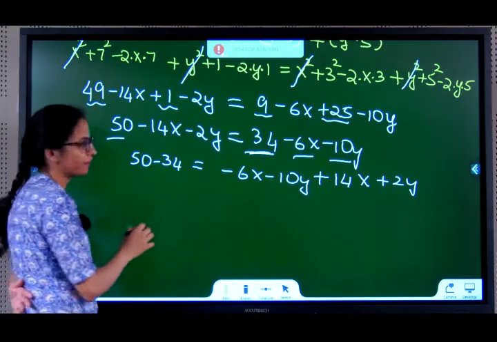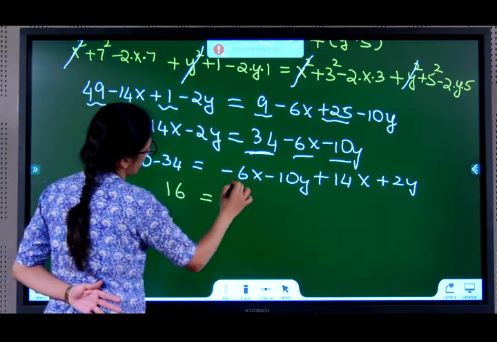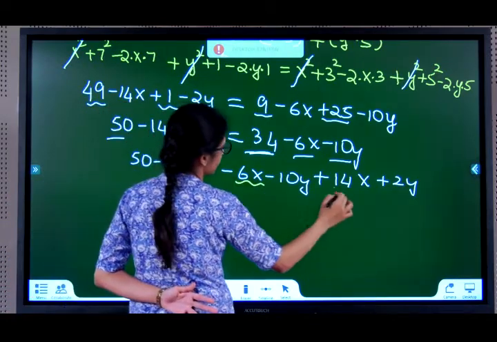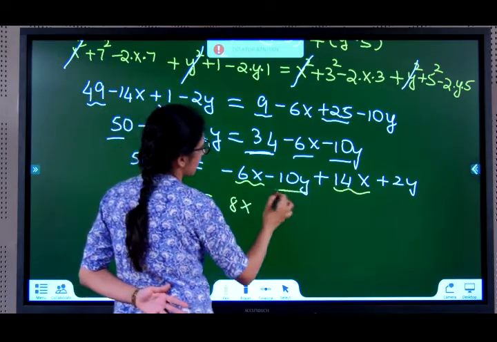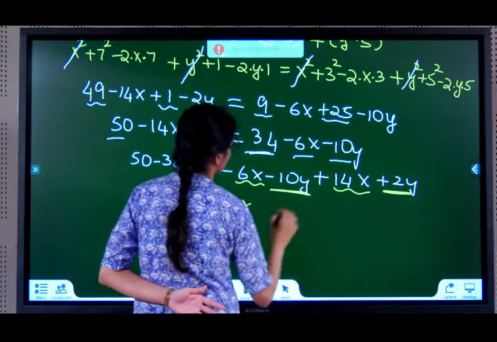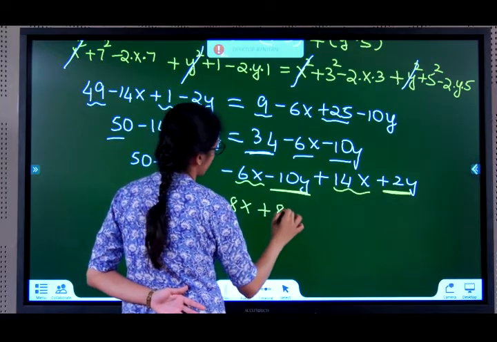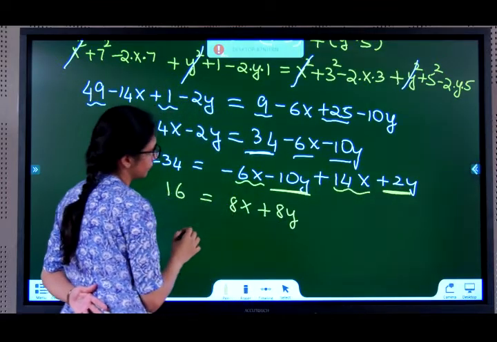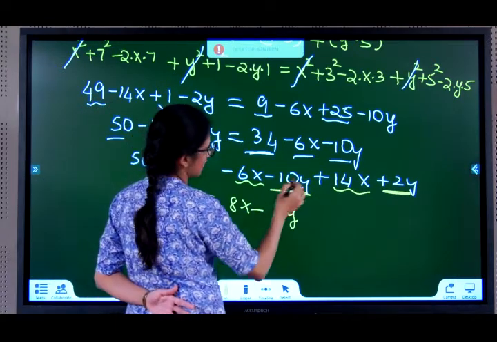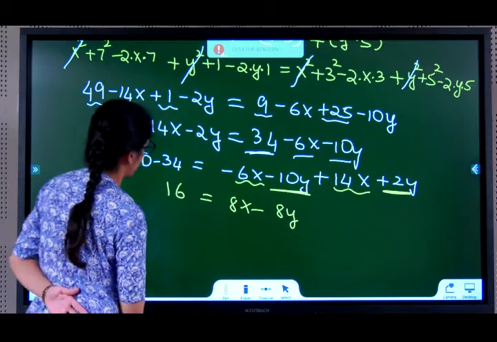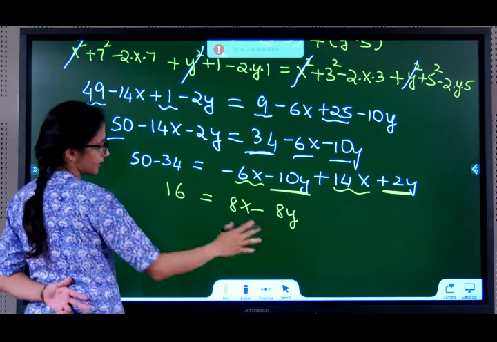50 minus 34, 16. Minus 6x plus 14x, 8x. Minus 10y plus 2y, minus 8y. So you can see 8 is common in everything.